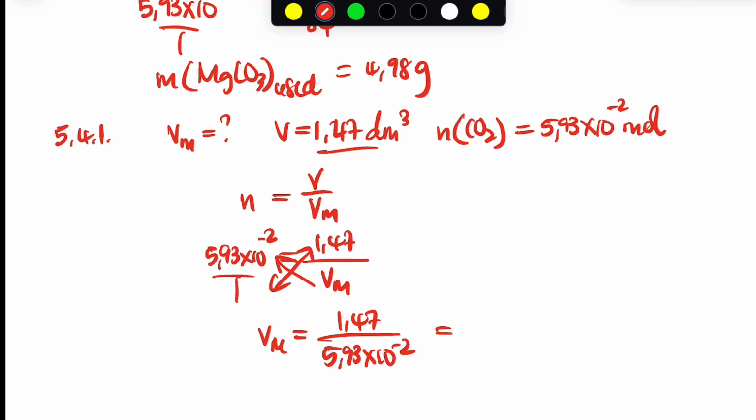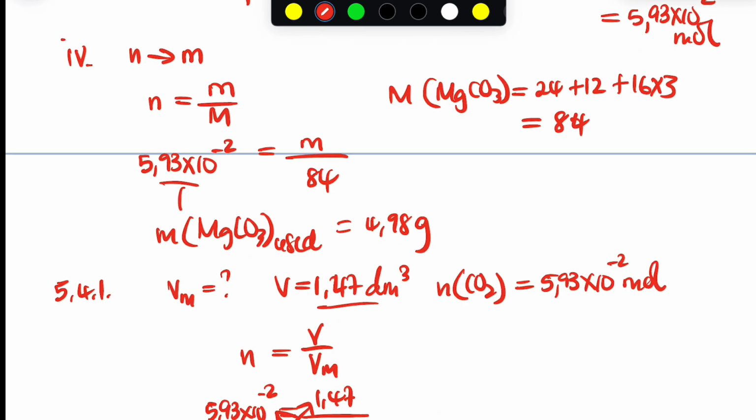And then the answer there will be 24.79 dm3. That's the molar gas volume, right? I hope it makes sense.